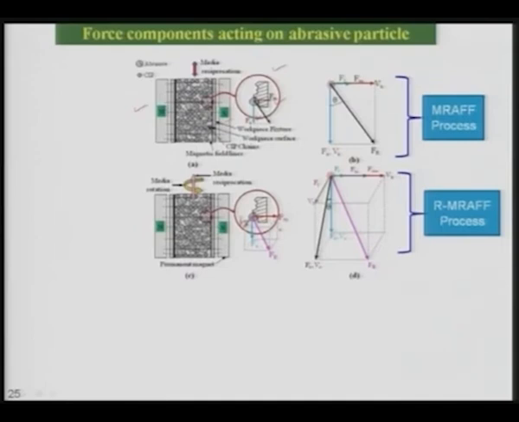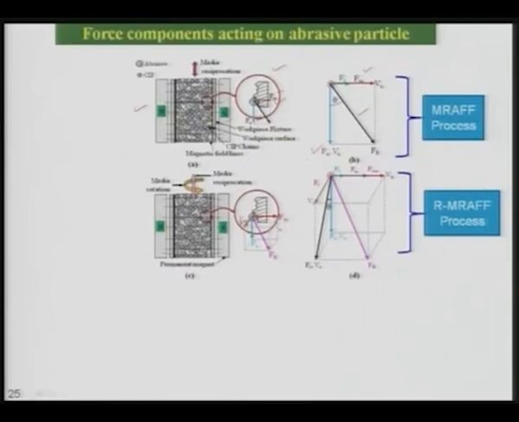So there are only two forces acting, Fm as well as Fa, and material is being removed in the form of microchips. If you see the right hand side figure, Fr is the resultant force, Fm is the magnetic force that is acting, and Fa is the axial force that is acting. But due to the extrusion pressure, axial force is there, but radial force is also acting at the same time.